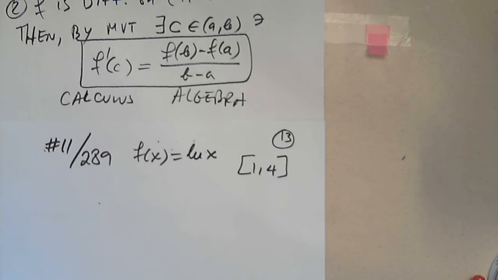Same conclusion, the same requirement: verify that the function satisfies the hypothesis of the mean value theorem on the given interval, then find all numbers C that satisfy the conclusion of the mean value theorem.